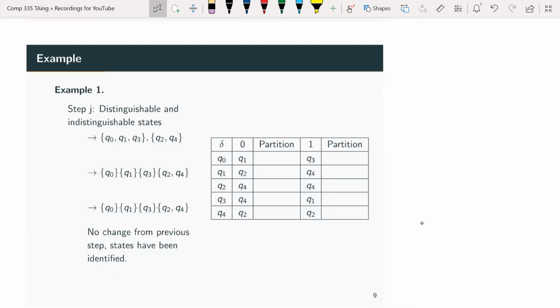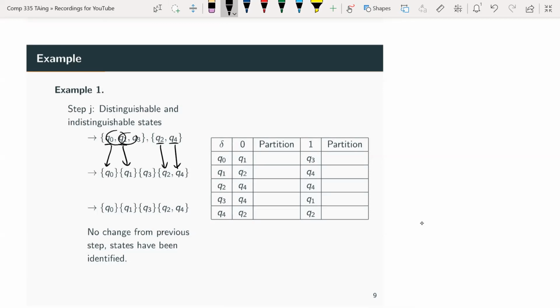Let's say Q0 and Q1 are distinguishable, meaning they're different, then we would split the partition. If instead they were indistinguishable, like Q2 and Q4, then in the next step we would keep them together. Essentially we repeat this process for each pair.